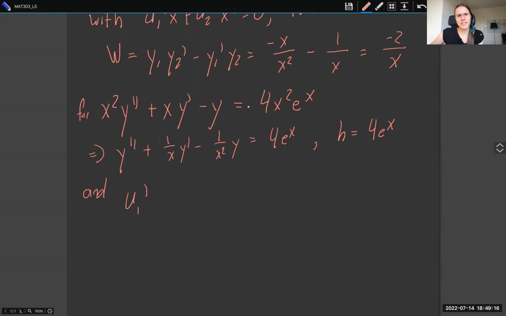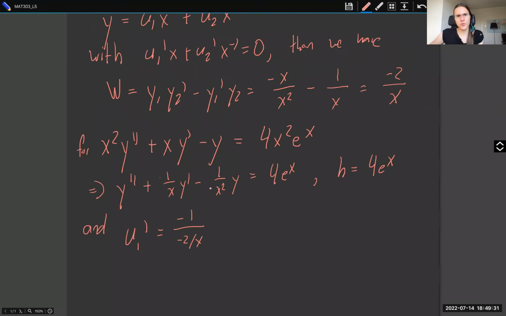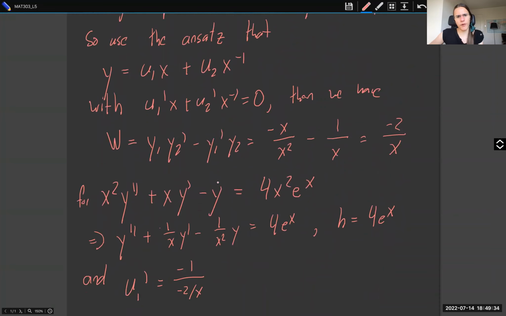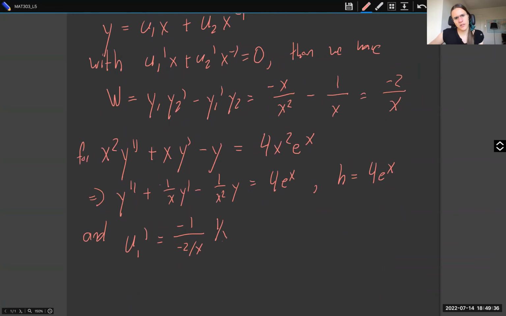And u1 prime is equal to negative 1 over the Wronskian times y2, which is 1 over x, times 4 e to the x. And so this x comes up top, it cancels with this x here. So we get this 2 cancels with this. So 2 e to the x.